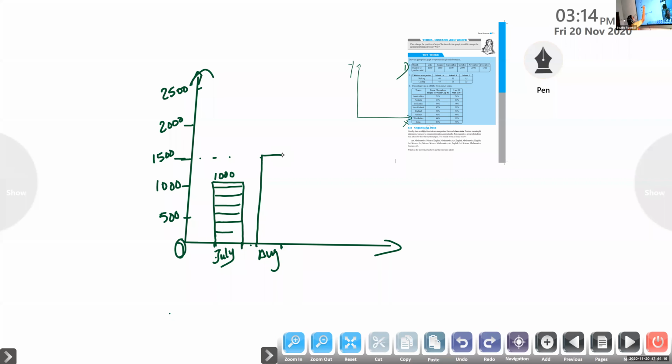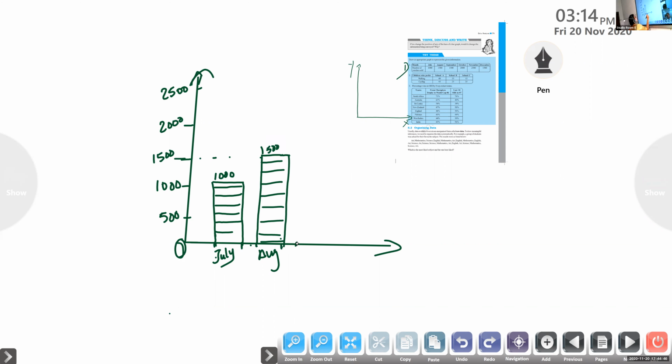Next bar is 1500. Again leave half unit.